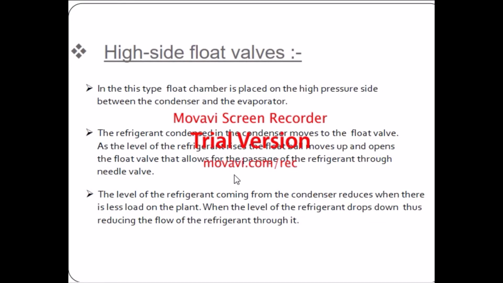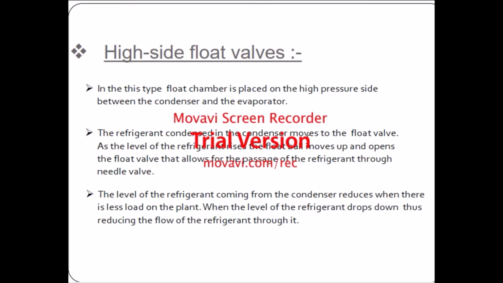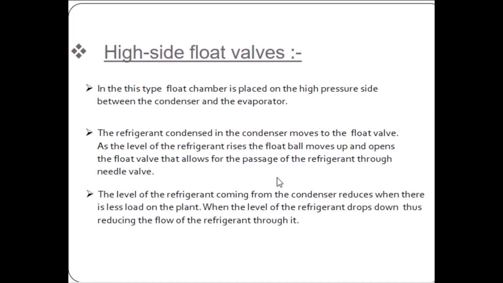High side float valve. In this type, the float chamber is placed on the high pressure side between the condenser and the evaporator. The refrigerant in the condenser moves to the float valve. As the level of the refrigerant rises, the float ball moves up and opens the float valve, which allows for the passage of the refrigerant through the needle valve.